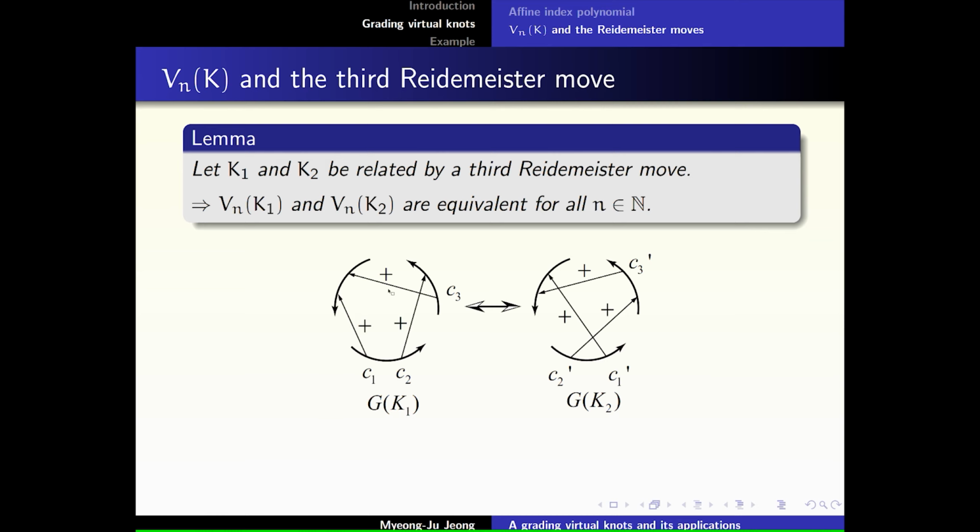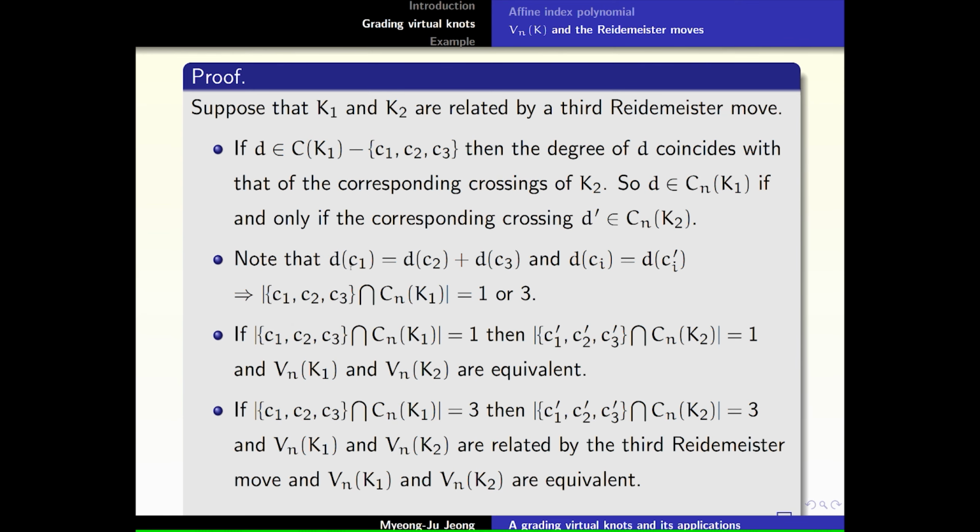And if there are more chords between this part, then we can also show that the equation is valid. And we can also show that the degree of Ci is equal to that of Ci prime. And so we can see that the number of elements in {C1, C2, C3} intersect C_n K1 can be 1 or 3. So we should analyze these two cases.